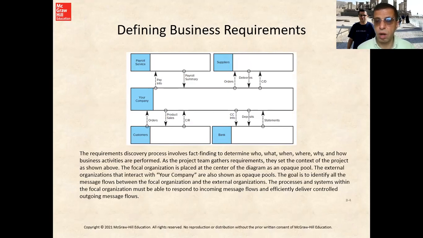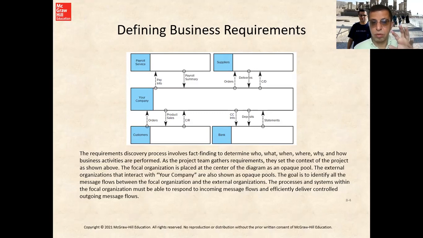Overall, the requirements discovery process involves fact finding to determine who, what, when, where, why, and how the business activities are performed. As the project team gathers these requirements, they set the context of the project, as you see here.